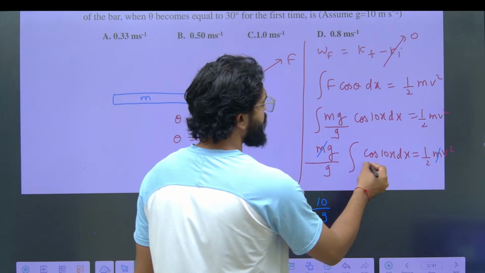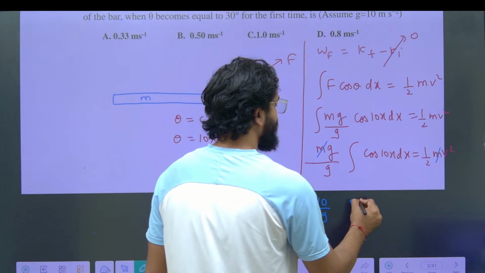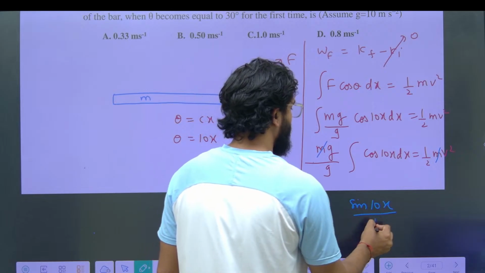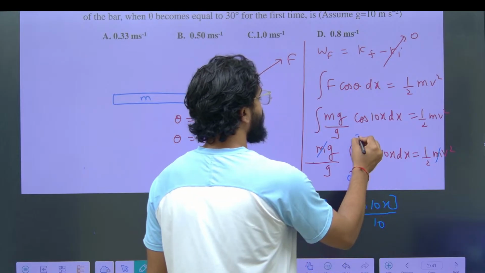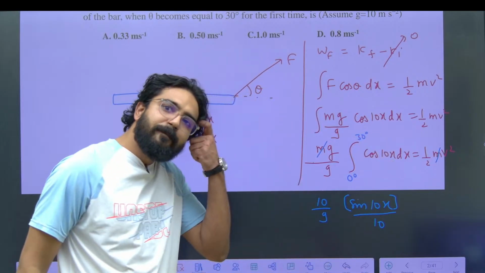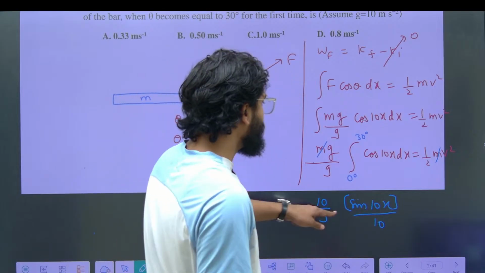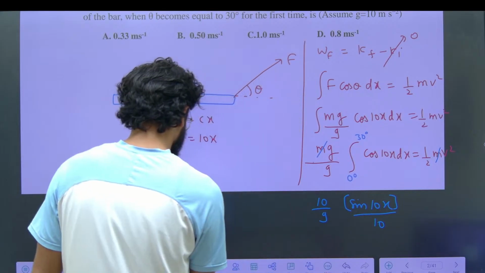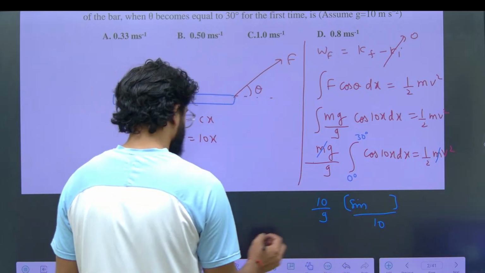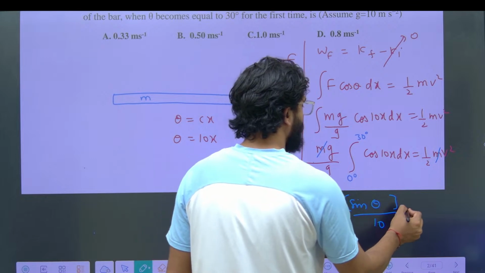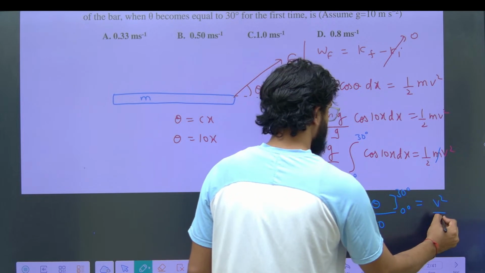Integration of cos 10x dx will be sine 10x upon 10, and the limit is from 0 degree to 30 degree. Remember that 10x is nothing but theta only. So instead of 10x over here, we can also replace it with theta, and we can write down the limits of theta, equals v square by 2.